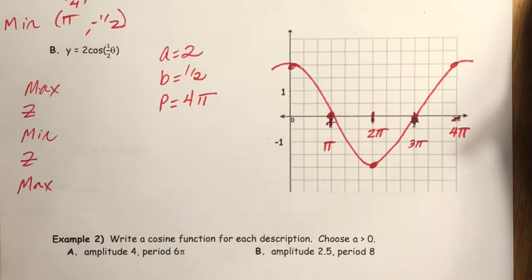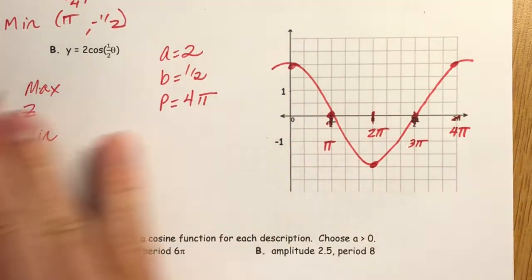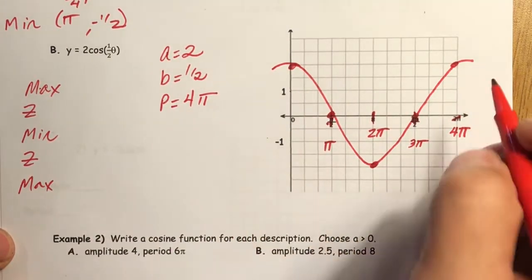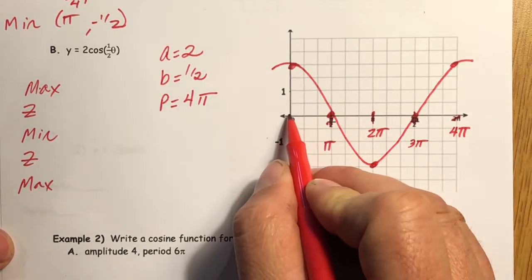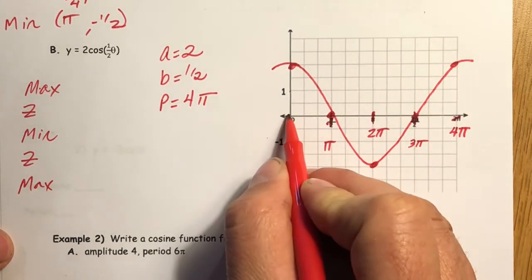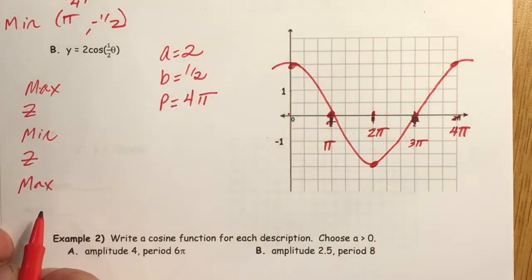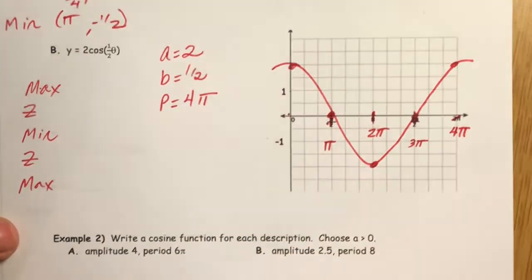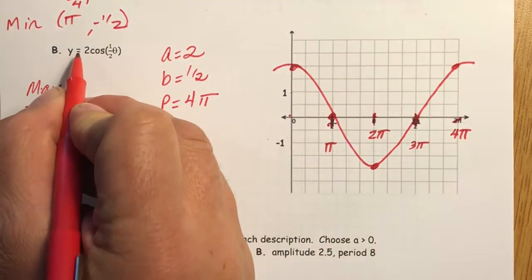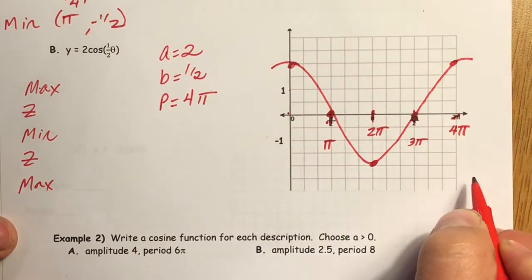I'm hoping that you guys are starting to get a better handle on this. I really think the hardest part is coming up with those intervals. Once you have the 5 key points labeled on the number line, you literally are just saying those in your head: max, 0, min, 0, max. Now, if this had been a -2, it would have started down here and then gone the other way.